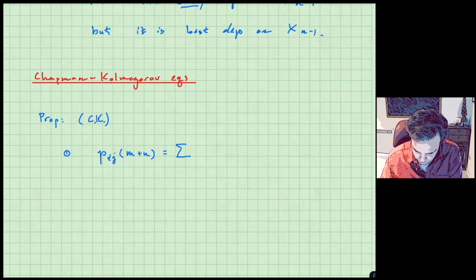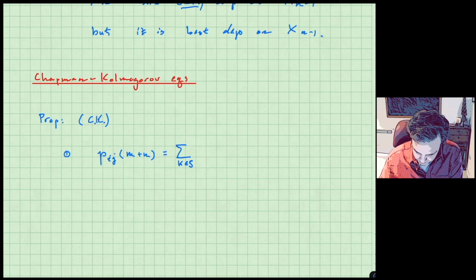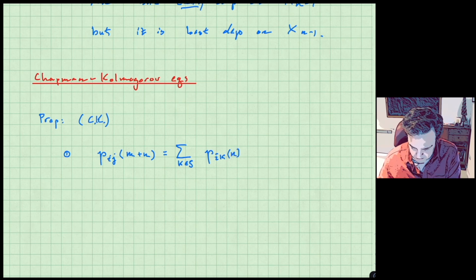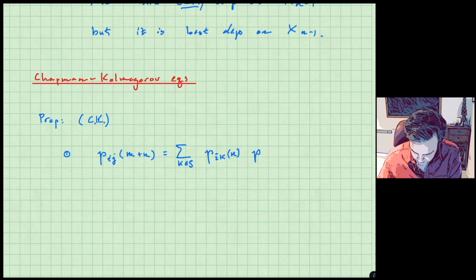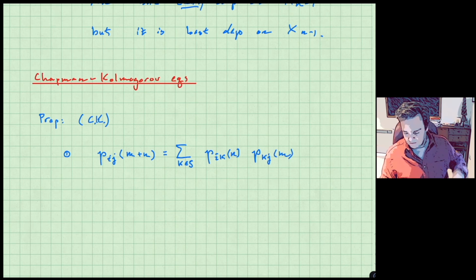It's a sum over k, where k is an element of the state space. And then we have these two different things here: p_ik of the n-step transition probability matrix times p_kj of the m-step transition probability matrix.